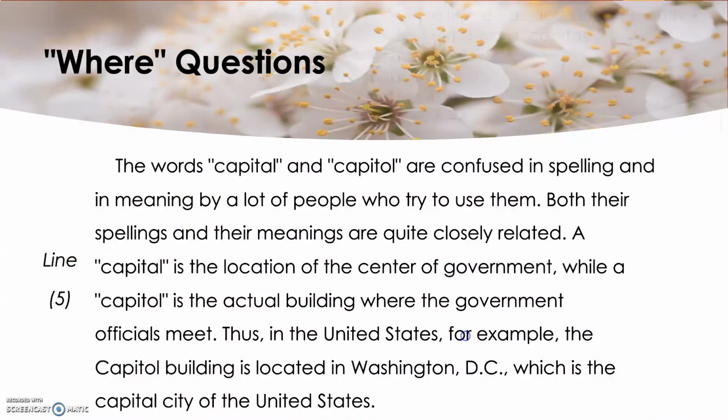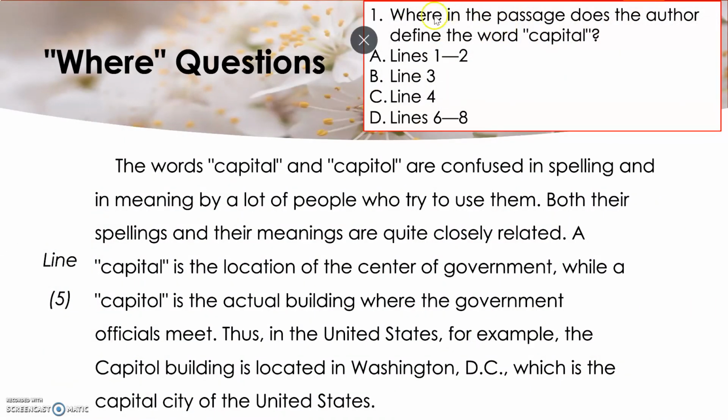So here's the text and here's the question. Where in the passage does the author define the word capital? So the keyword is capital, but it doesn't ask just about the word capital; it asks where in the passage the author defines it. So you have to find the definition of capital.